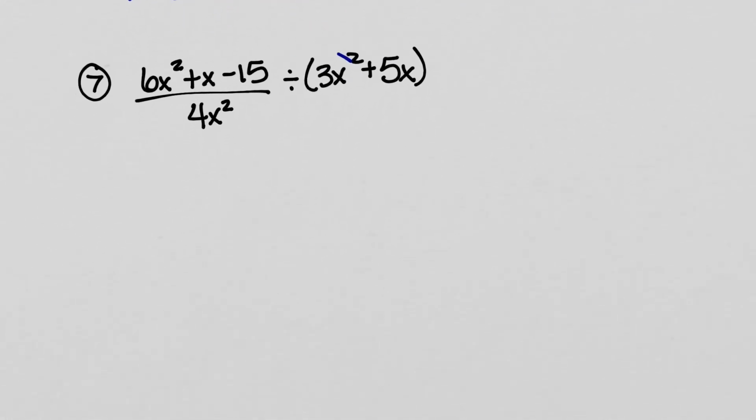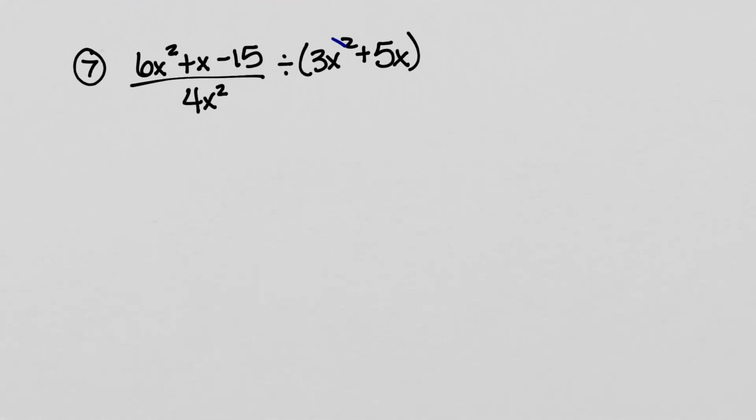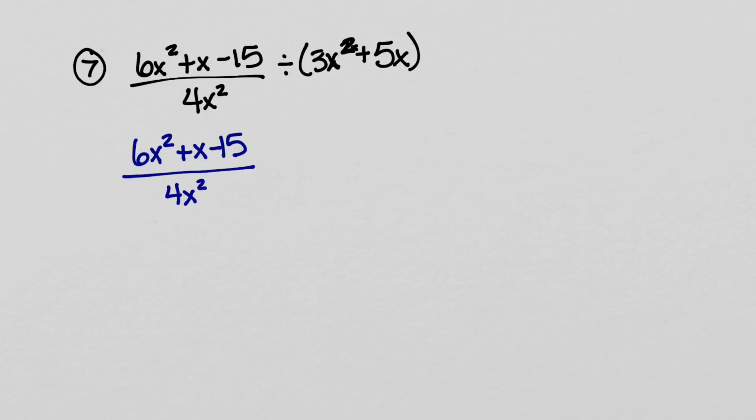And then number 7 down here, again, it has division, and I don't know where this little thing over here came from. Oh, I just got rid of too much for you. No, that was a squared. Okay, so we're going to change this up, and we're going to make it multiplication instead. So the first fraction stays the same, 6x squared plus x minus 15 over 4x squared.